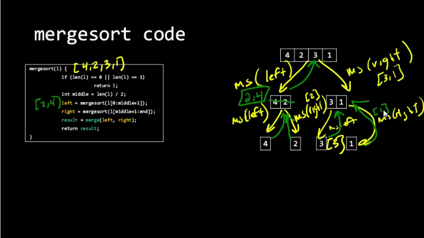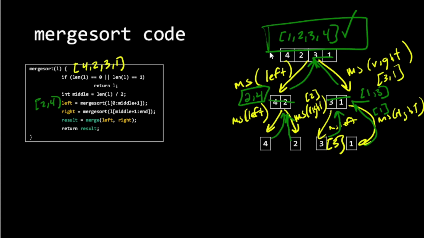And so once we have those two, we can now merge. And then we can finally merge these two into 1, 2, 3, 4. Okay, so that is an example run through merge sort.